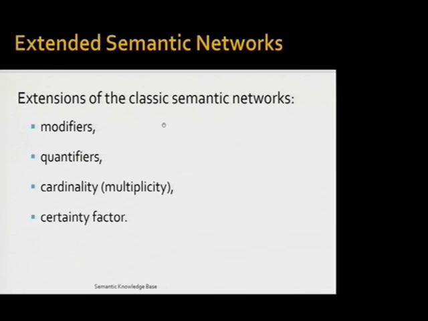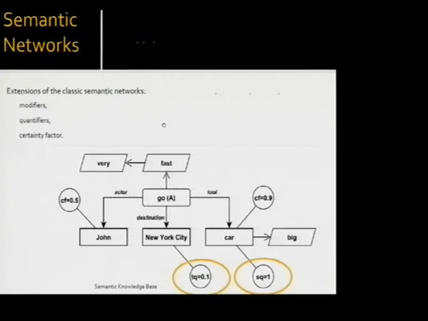So for example, saying that the car has 4 wheels, it wasn't possible to do it before. And the certainty factor. So what we have here, first of all, time and space quantifier. If we discuss the sentence that John goes to New York by big car and he's going very fast.